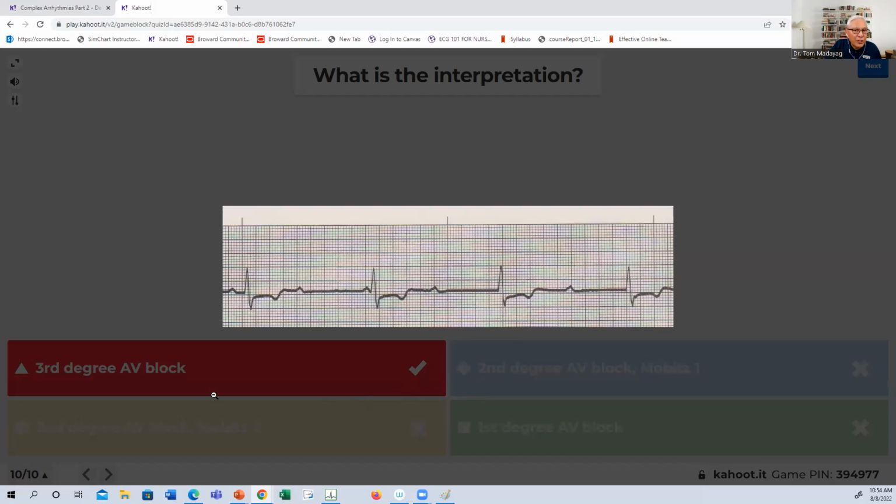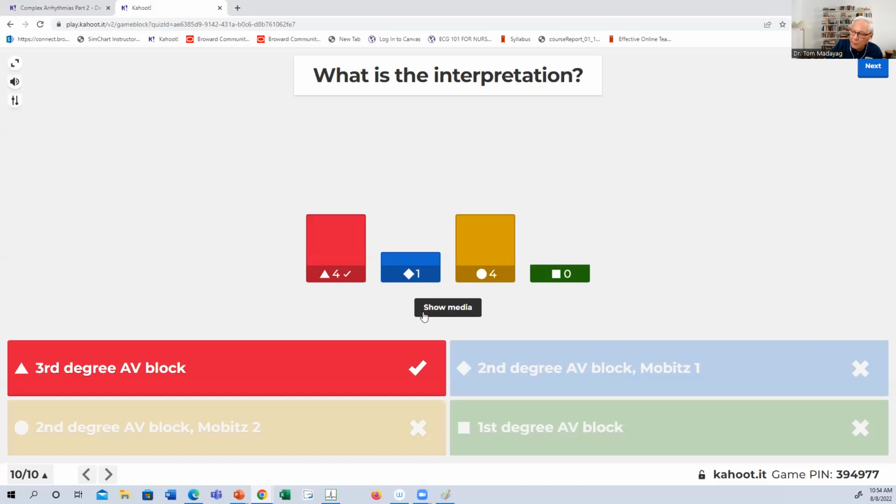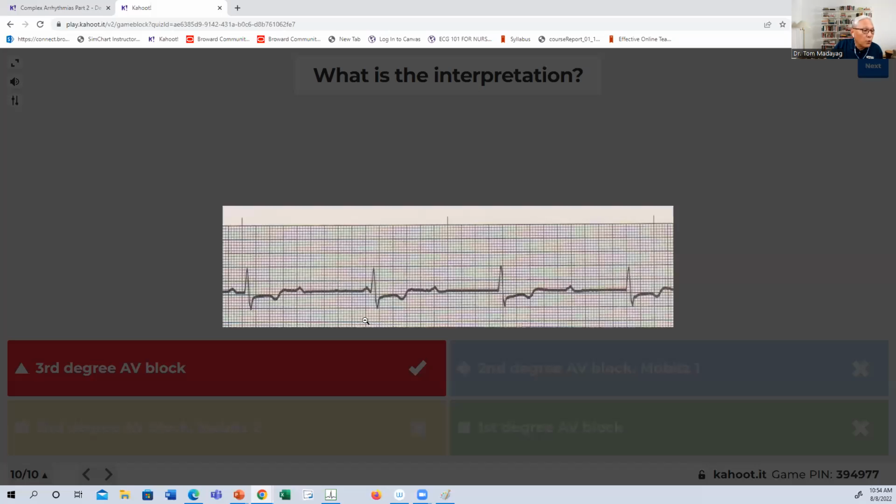These are manifestations of third-degree AV block or complete heart block. And I'm glad that 4 of you answered this correctly. Again, for those of you who missed it, remember now that in a third-degree AV block, the PR intervals are all variable, such as what is demonstrated in this particular strip.